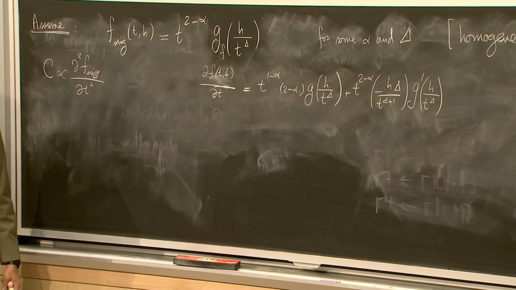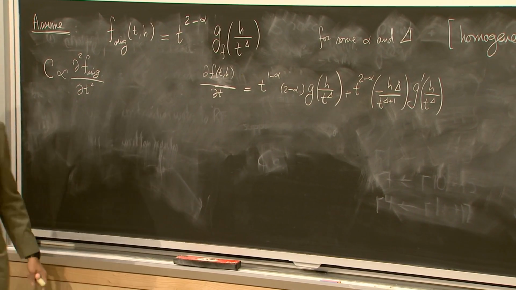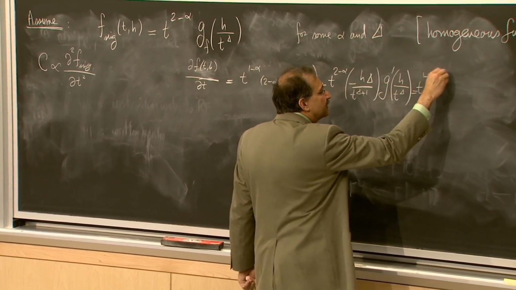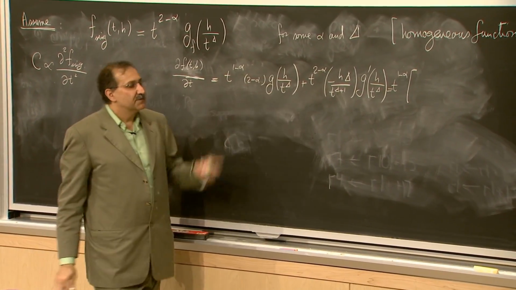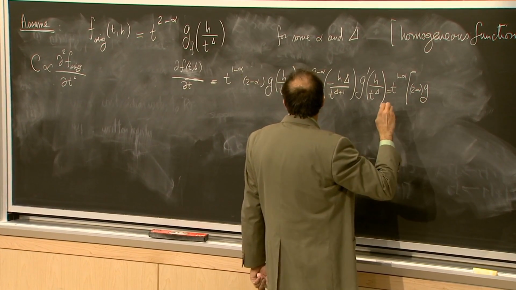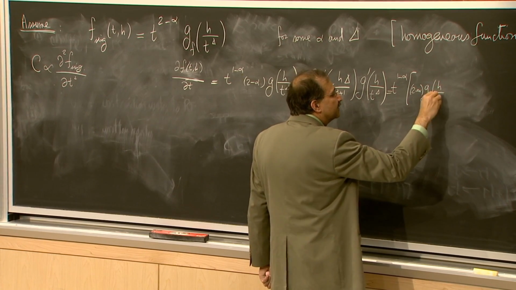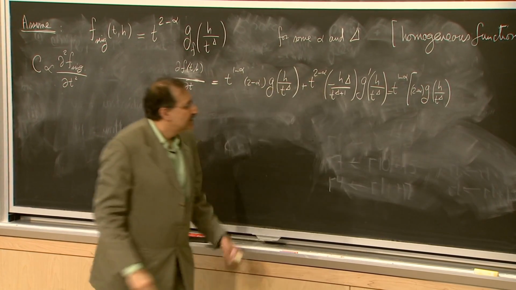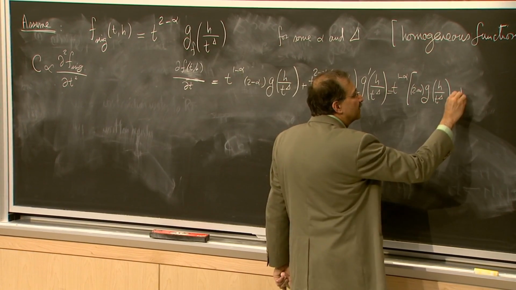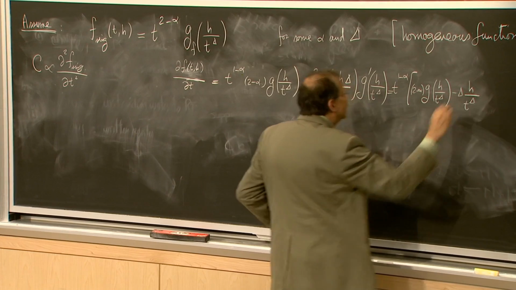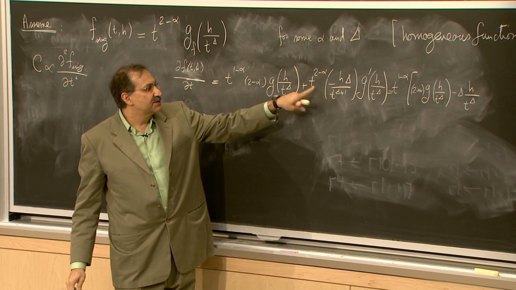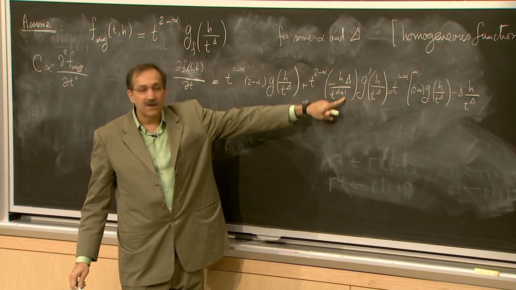Okay? So I just took derivatives. I can certainly pull out a factor of t to the 1 minus alpha. Then the first term is just 2 minus alpha times the original function. The second term is minus delta h divided by t to the delta. Because I pulled out the 1 minus alpha, this t gets rid of the factor of 1 there.